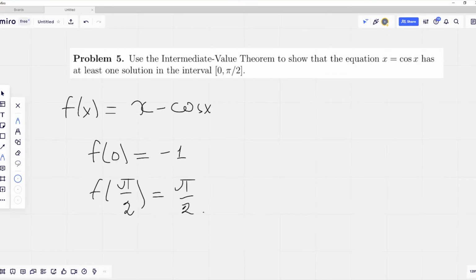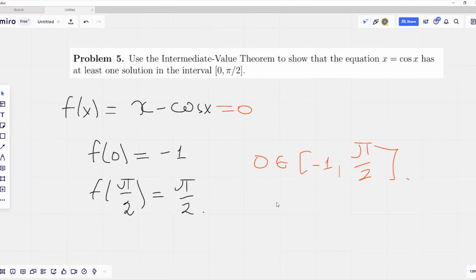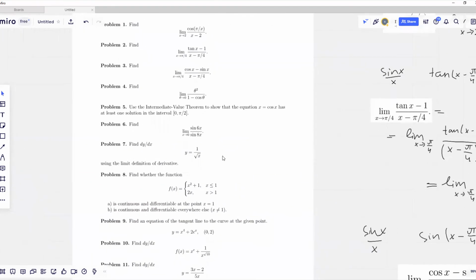At this point, the value of our function is positive, and 0 is in the interval from minus 1 to pi over 2, meaning that our function has at least one solution in the interval from 0 to pi over 2. I mean, our function is equal to 0 at least at one point in this interval. Right, next problem.